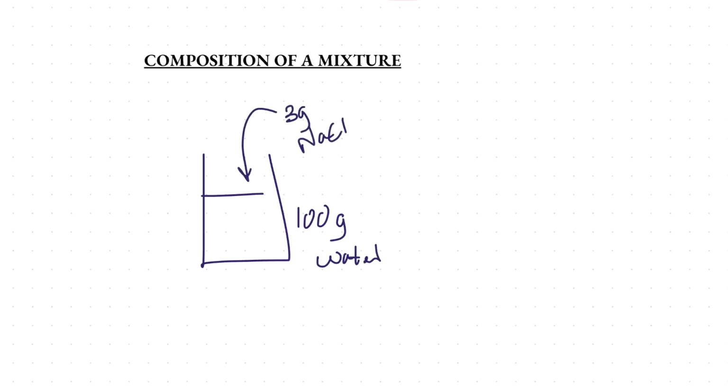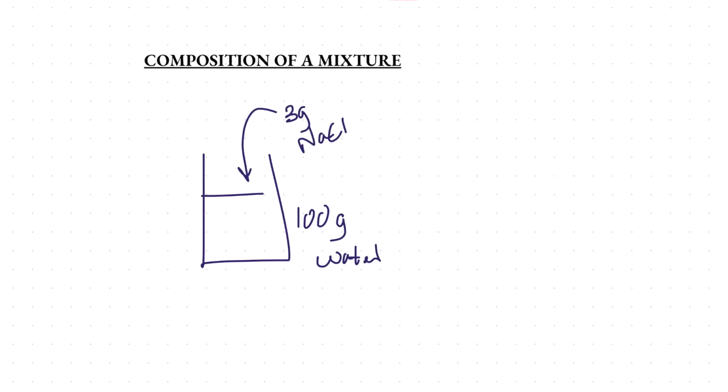Now when values are given like this, we know that in this salt solution there is 3 grams of NaCl and 100 grams of water. Likewise, in any mixture, you need to have an idea about the amount of each component present.